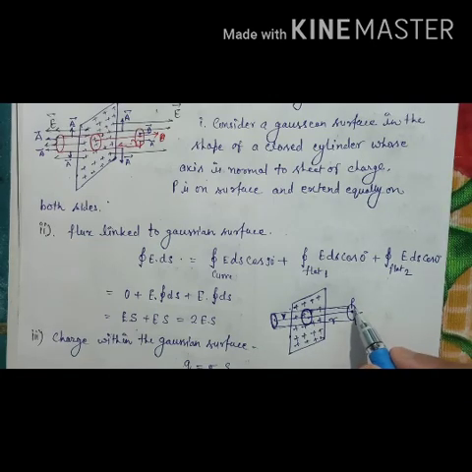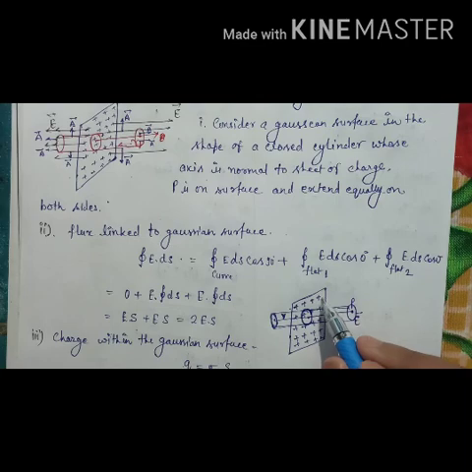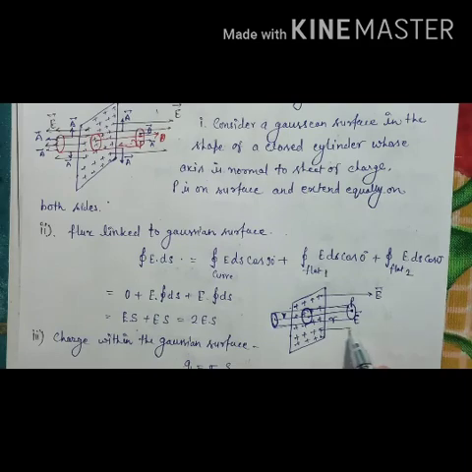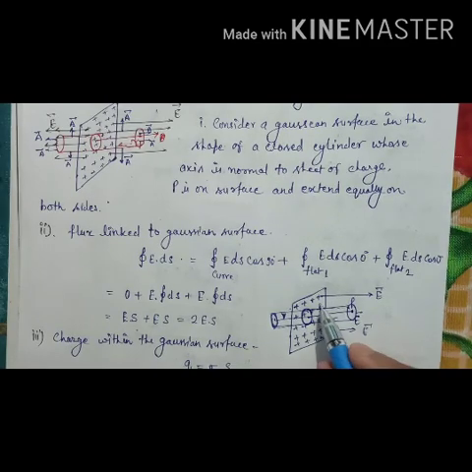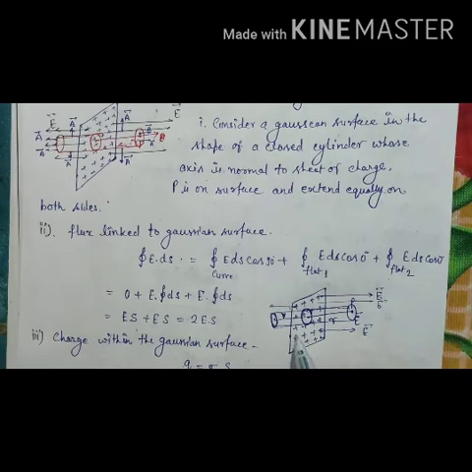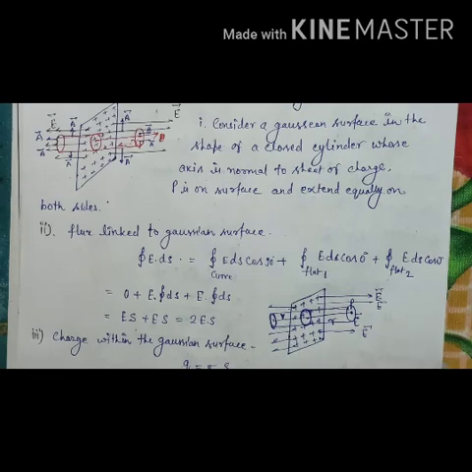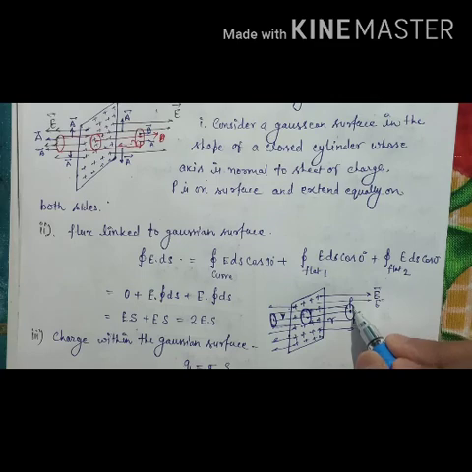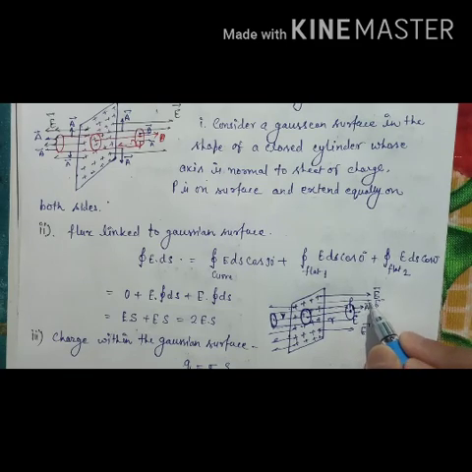Here the electric field is in this direction, and in this direction. For a very small area ds, the area vector is radially outward, so the electric field is in this direction and the area vector is also in this direction.